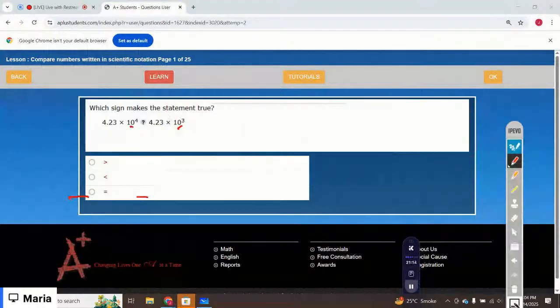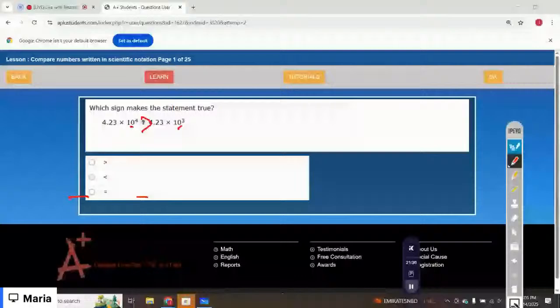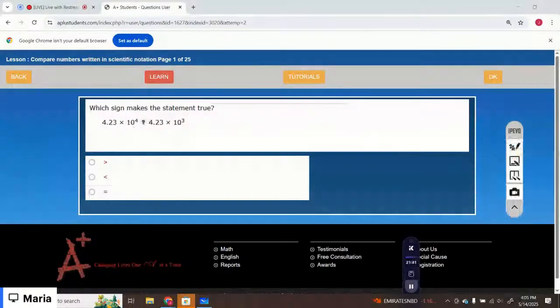So 4 is greater than 3. So obviously 4.23 times 10 exponent 4 is greater than 4.23 times 10 exponent 3. Greater it is. Option number 1 is the correct option.